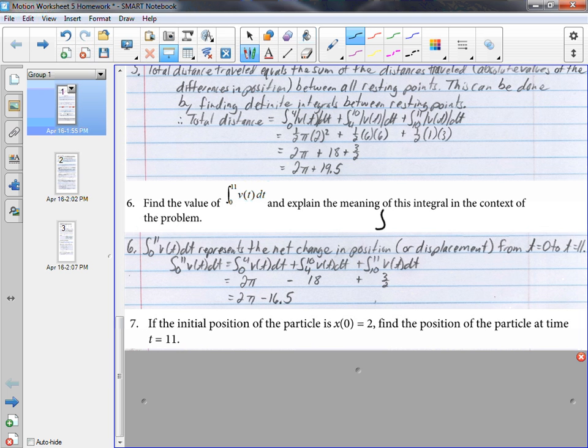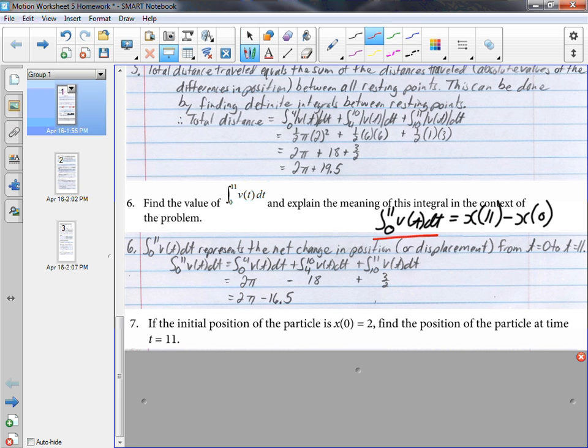If I write a definite integral from, let's say, 0 to 11 of a function, in this case v of t, with the proper notation dt, according to the fundamental theorem of calculus, doesn't that equal the antiderivative of v evaluated at 11 minus the antiderivative of v evaluated at 0?